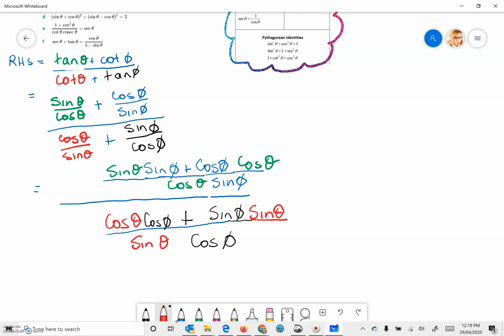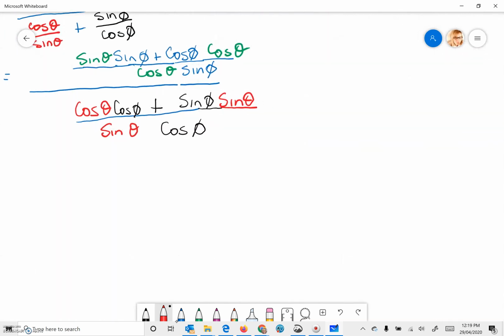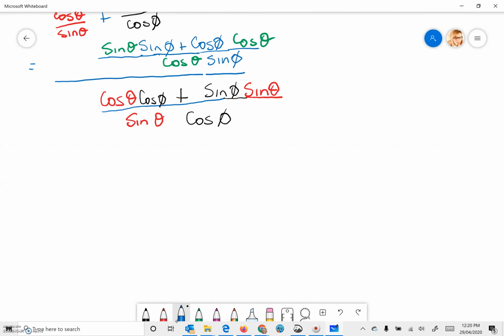Now, the next thing to remember is, what do we do next? What do you think you want to do? I'm seeing some things that are going to cross out. So let's go for it. It's going to be fun, I think.